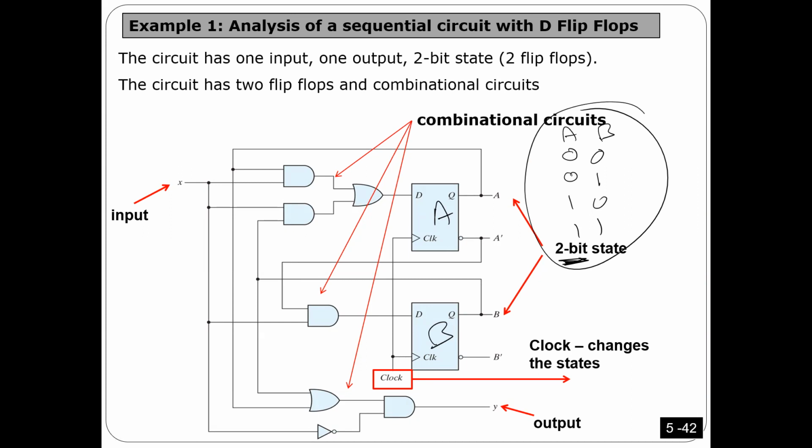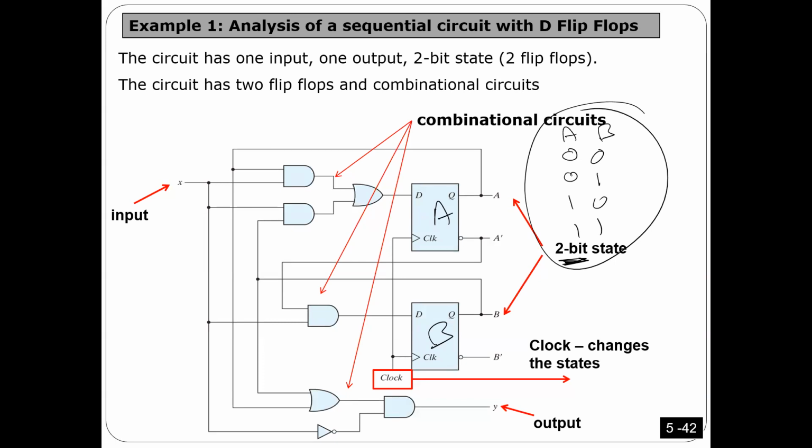Why am I saying up to? Very important, because sometimes I'm going to use all states and sometimes I'm not. Here I have 4 states, but the circuit is not going to use the last state. That's why I'm saying up to. You got what I'm saying? Anyway, this is the meaning of states.